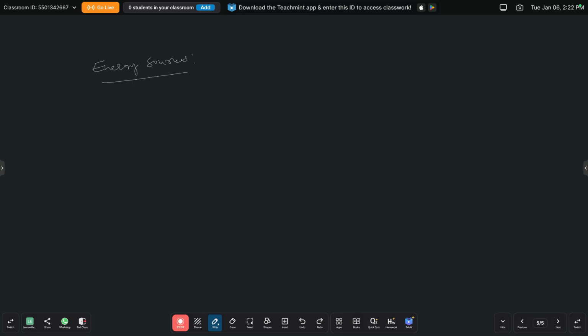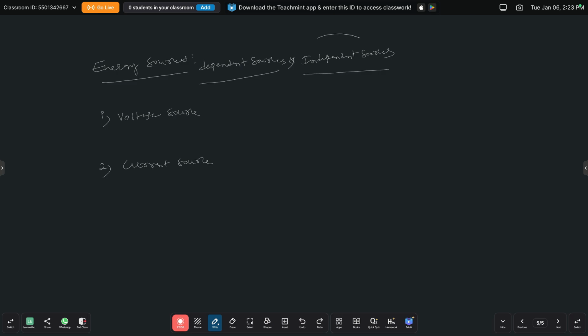Generally the energy sources are mainly classified into two types: the voltage source and the current source. But before this, we discuss that the energy sources are also classified based on dependent and independent sources. Two types, one is the dependent source and second one is the independent source.